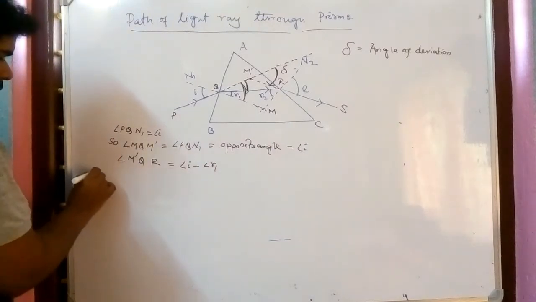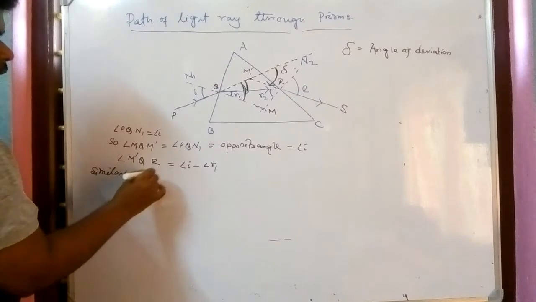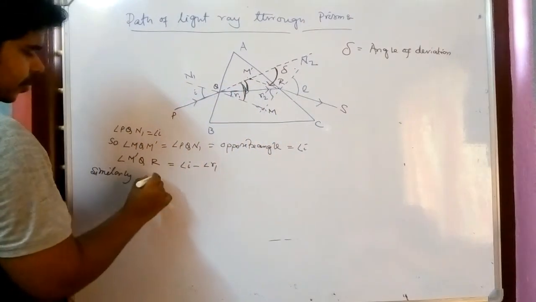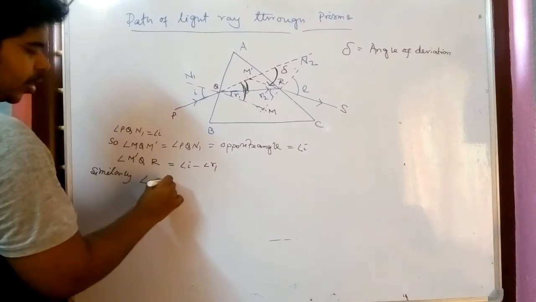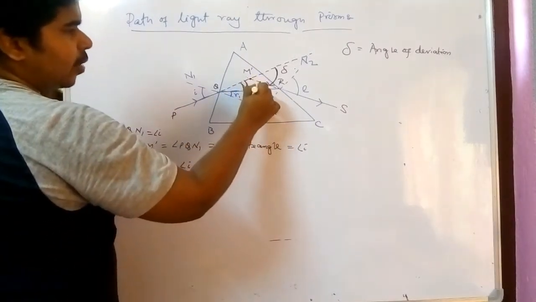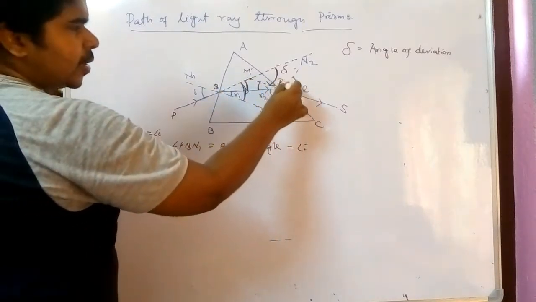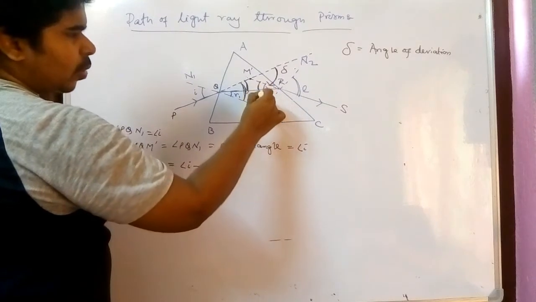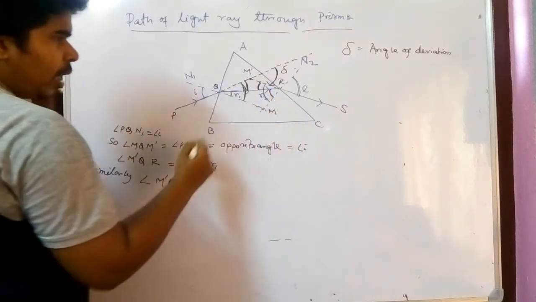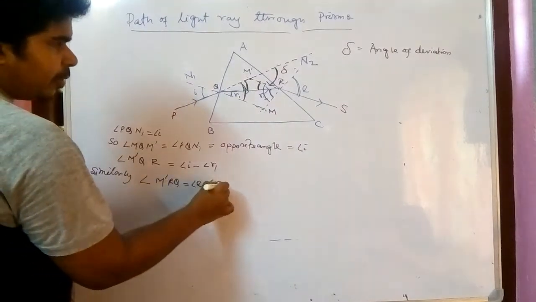Similarly, angle M dash RQ. I just want to find this angle. Here you see this is angle E, that means this one also is angle E, and here R2 is there, so that should be E minus R2, just like the previous thing.